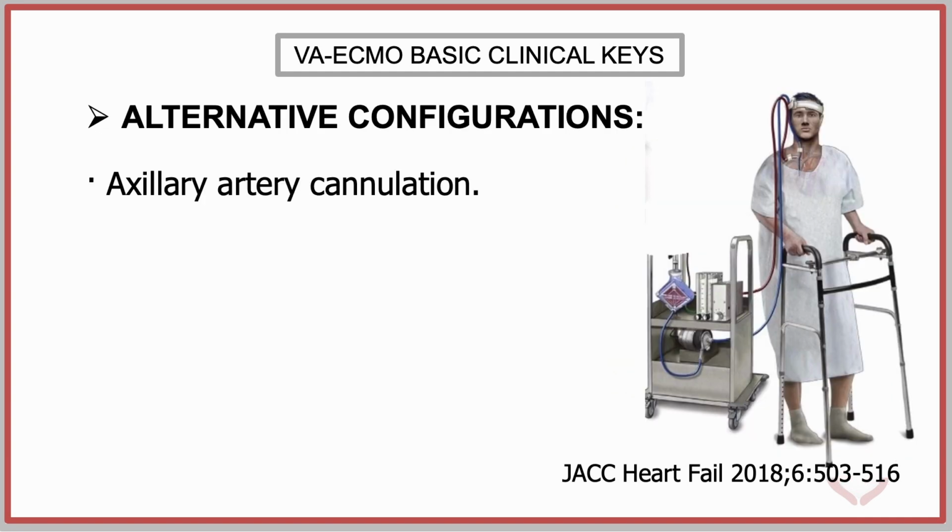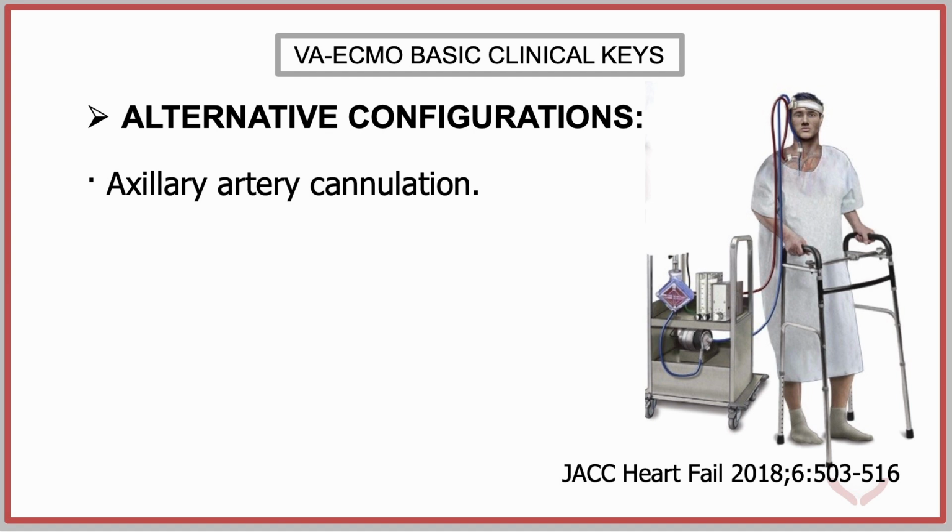In addition to the standard femoral and central configurations, several alternative cannulation strategies have been described for VA-ECMO. One of the most important is axillary artery cannulation, which offers several potential advantages over the traditional femoral approach.